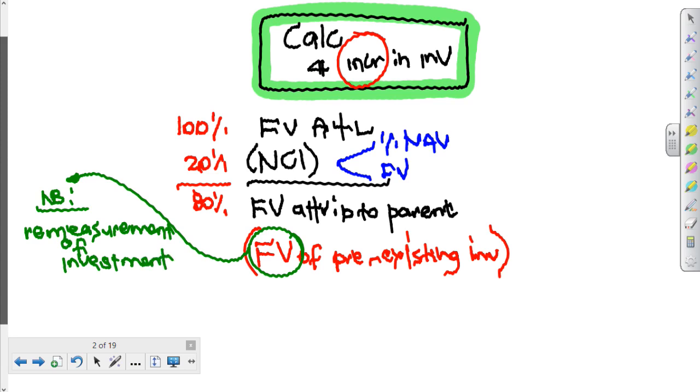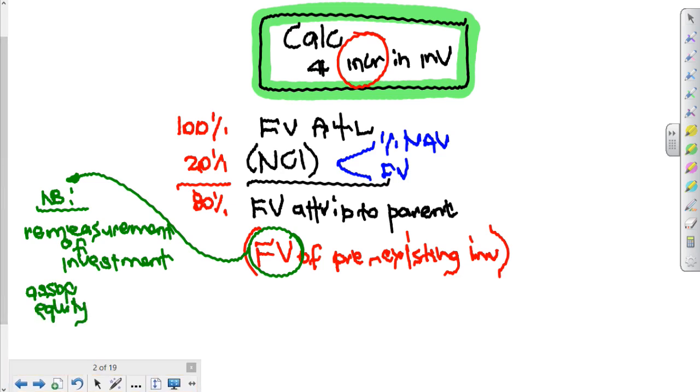Either it was an investment in a subsidiary, in which case there may not be a remeasurement, or it was an investment in an associate, in which case there would be a remeasurement. From associate equity accounting to fair value, there would be a remeasurement. And that remeasurement would go into my P&L.